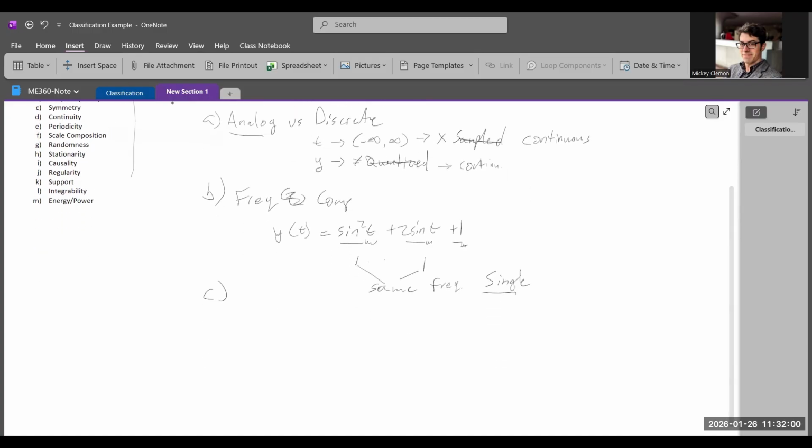All right, C. C is symmetry. So for symmetry, we could have an odd signal or an even signal. Let's write our function out here again.